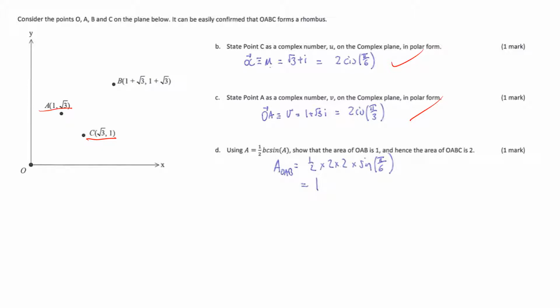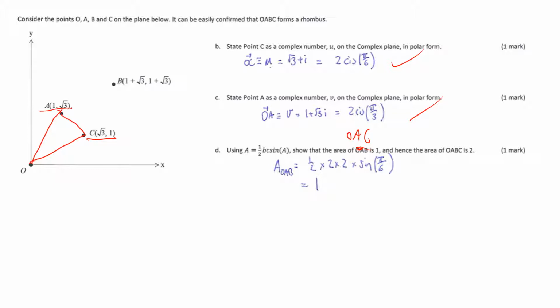Now, I've got to apologize for part D. Using area A equals half BC sine A, show that the area of OAB is 1. I was actually intending OAC. Show that the area of OAC is 1, and hence the area of OABC is equal to 2. So really it was meant to be just a gentle little question.